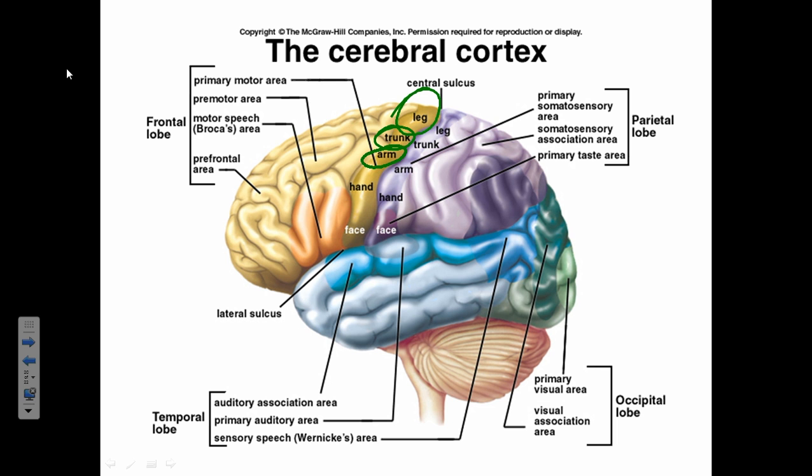This makes your arm consciously move, your hand consciously move, your face consciously move. And notice how the part that feels what's going on in your face and the part that actually moves your face, they're very close together. Kind of makes sense. Hand to hand, arm to arm, trunk to trunk, leg to leg. The part that you feel with is the somatosensory cortex, and the part that you move with is the motor cortex.